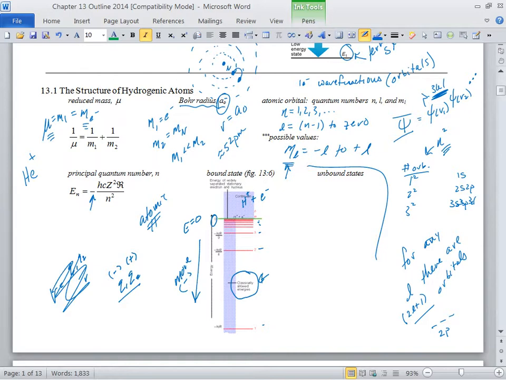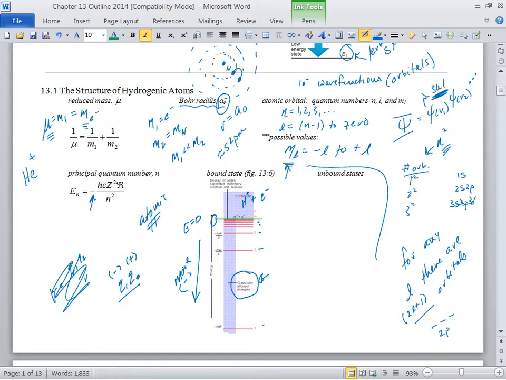Is that what it's saying? Yes, that's what it's saying. And we agree with it because there are no boundary conditions. It's a free electron. There are no boundary conditions.